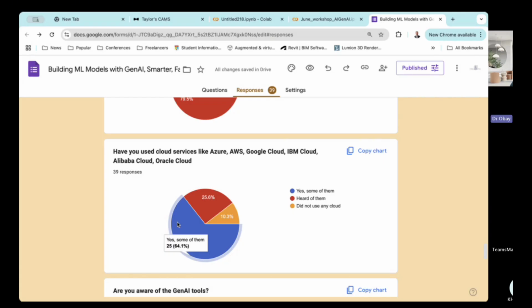But using it to process the data, to build dashboards, to build AI models, to monitor the models, to improve the accuracy, to use the compute in the cloud services, this is something we have to be aware of, something that we have to start learning and working on. Cloud services are not only for archiving data.